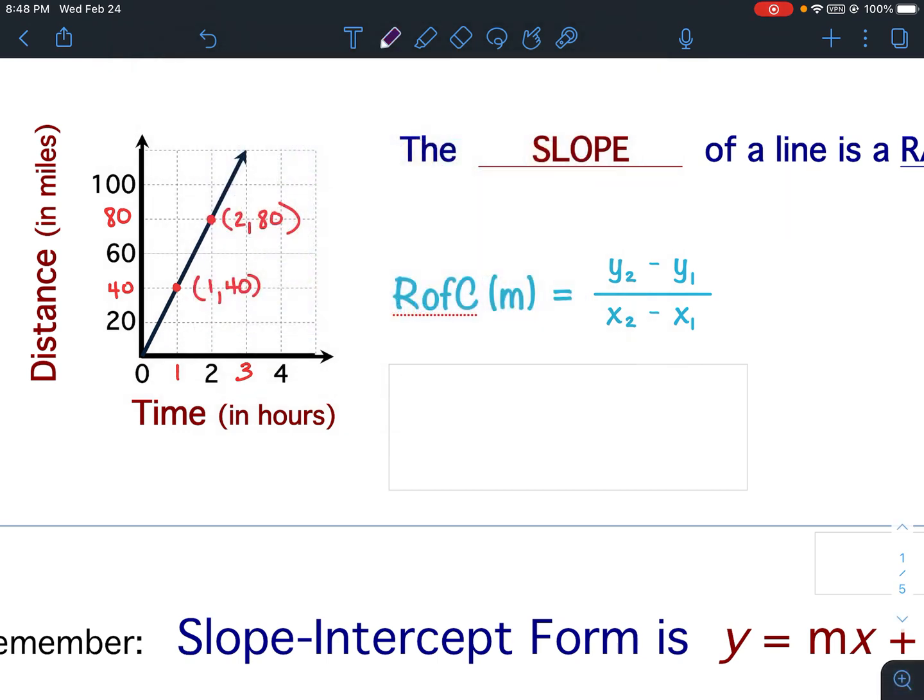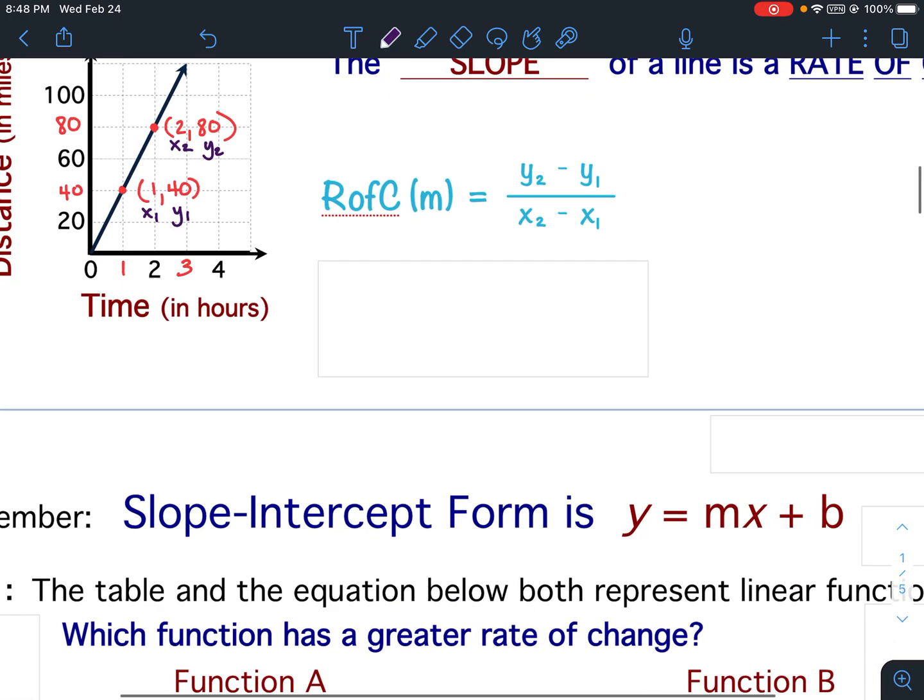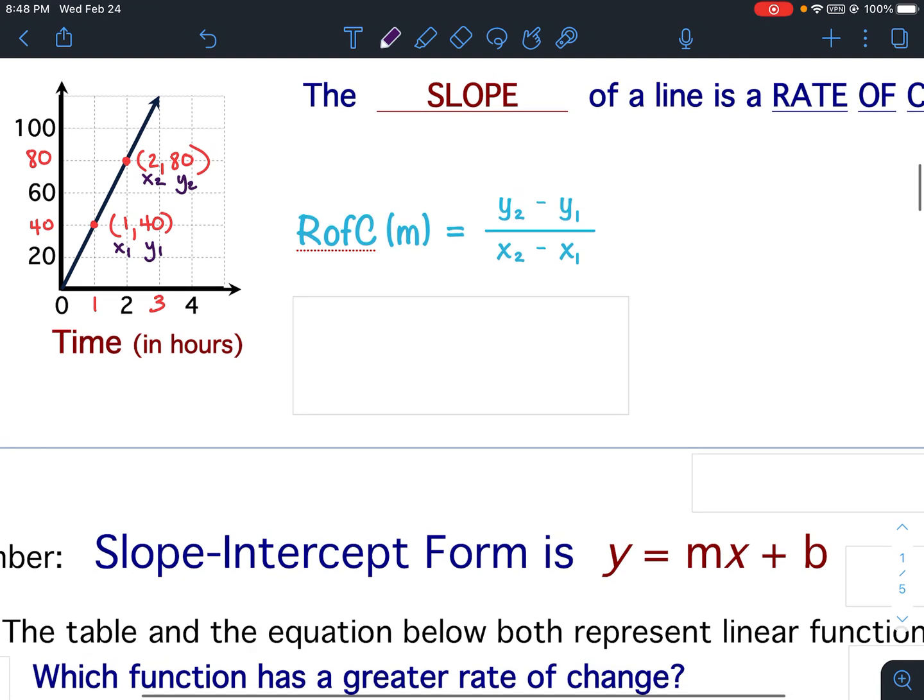We will call this x1, y1, and then x2, y2. We're going to put it in our formula to find our slope. So y2 is 80, y1 is 40, so 80 minus 40. x2 is 2 minus x1, which is 1.